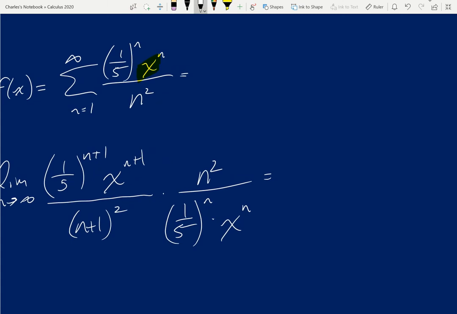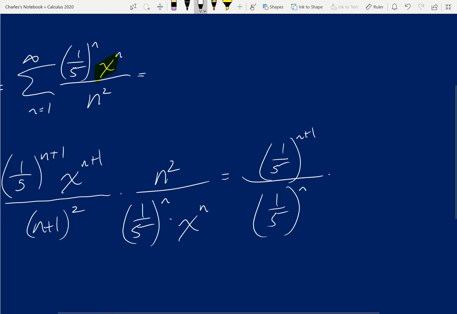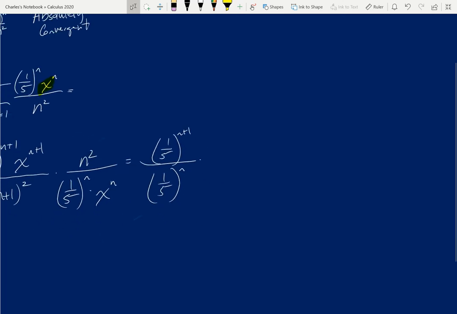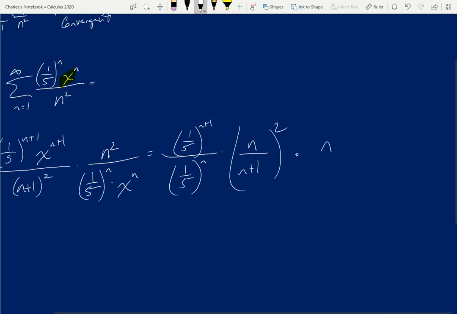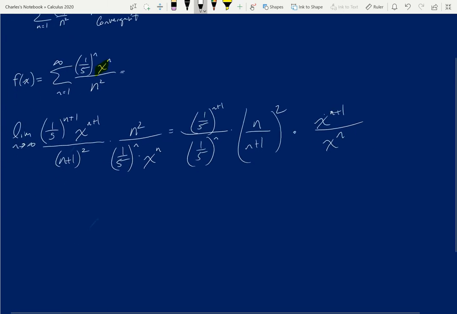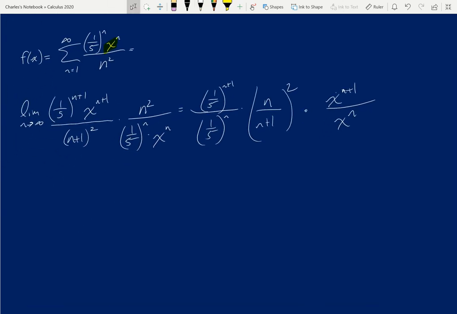Well, if I rearrange these things, I'm going to get 1 over 5 to the n plus 1 over 1 over 5 to the n. I'm going to get n over n plus 1, that whole thing squared, and I'm going to get x to the n plus 1 divided by x to the n.